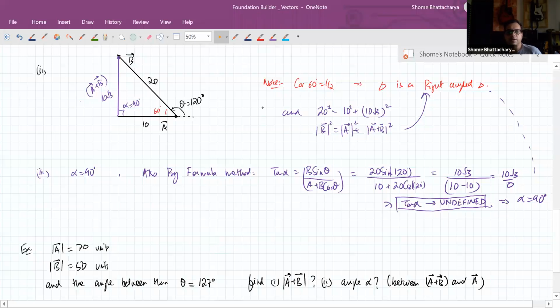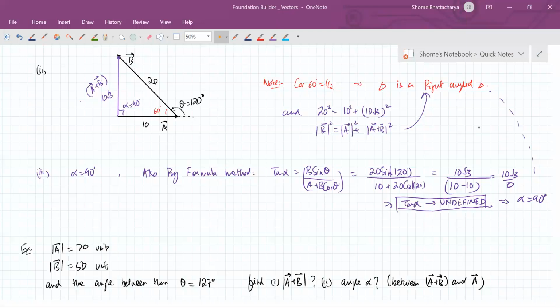The same way we have applied the formula in the above case, now the same thing you have to do. So work this out and just drop me a message with the answers.